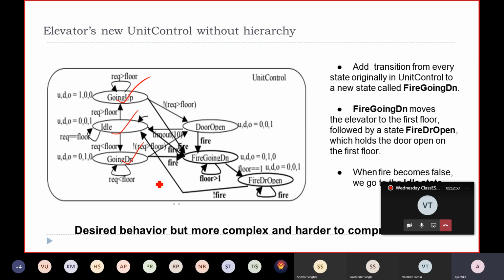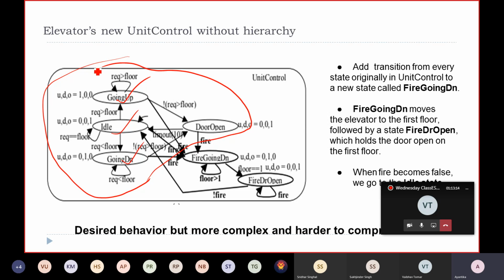Now, if I want to incorporate this single fire input in my existing design, the existing FSM, remember this is the same thing we discussed.